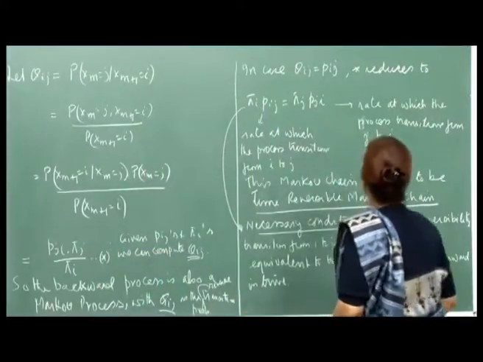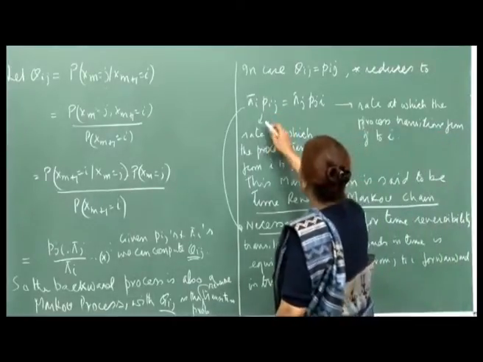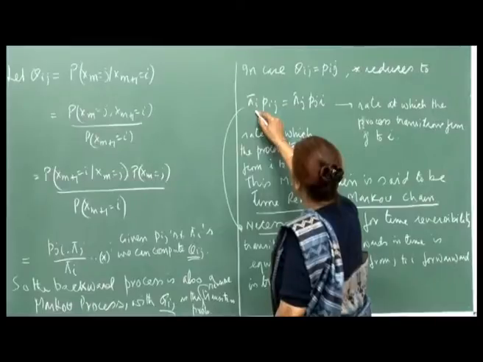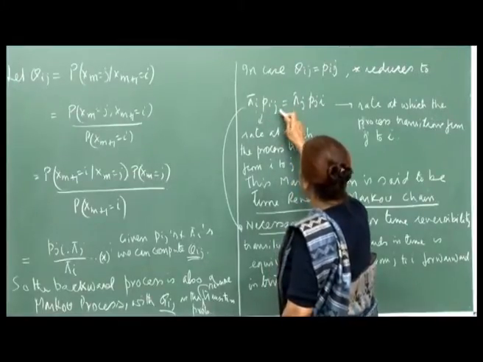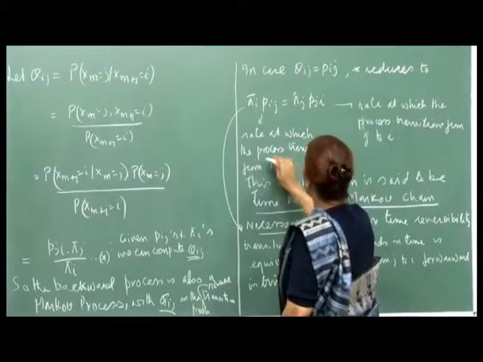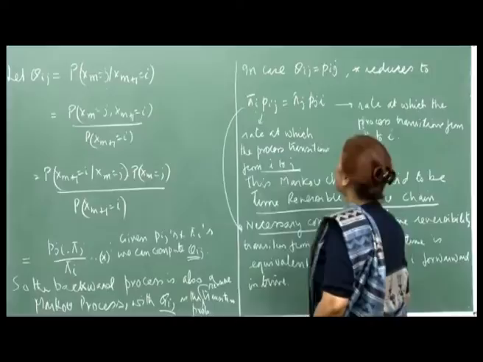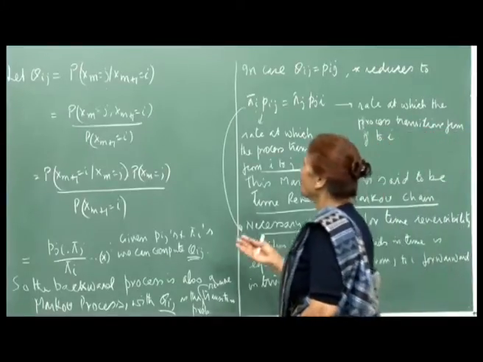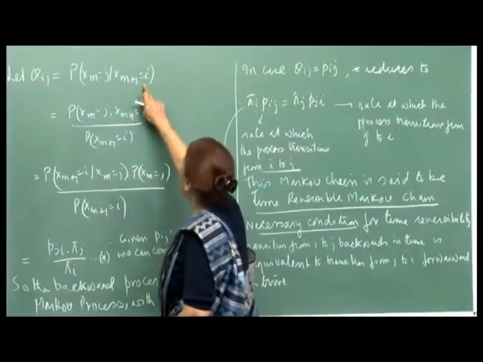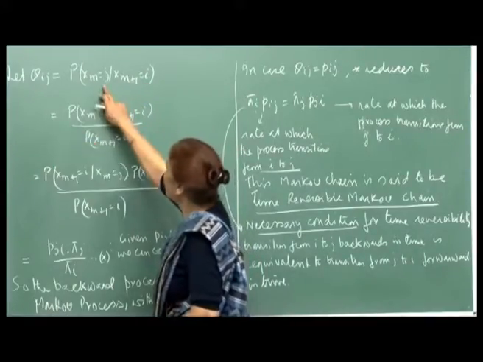Now, if you look at the left hand side, this is the probability of being in state i, and then this is the probability of transitioning from i to j. So, this is the rate at which the process transitions from i to j, right. And in our case, this is because I am assuming that currently I am in state i and transitioning backwards to state j.